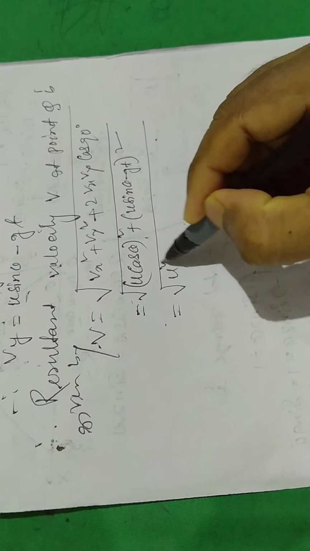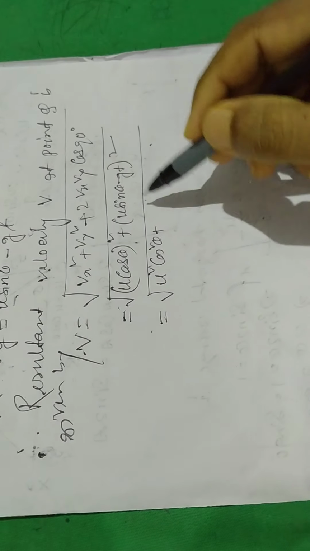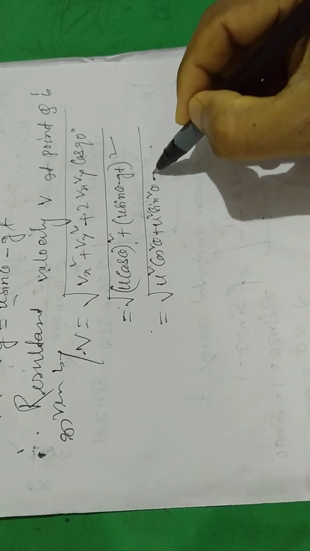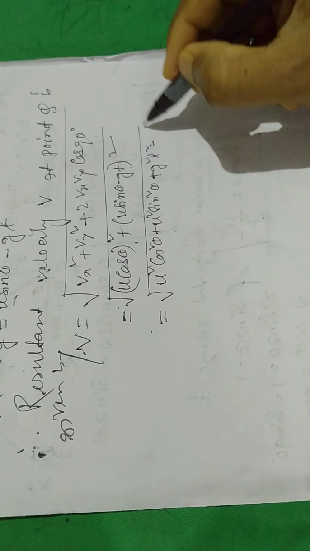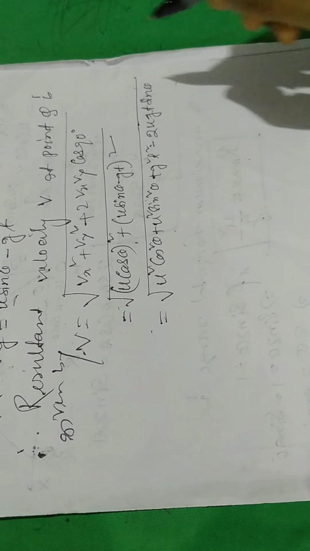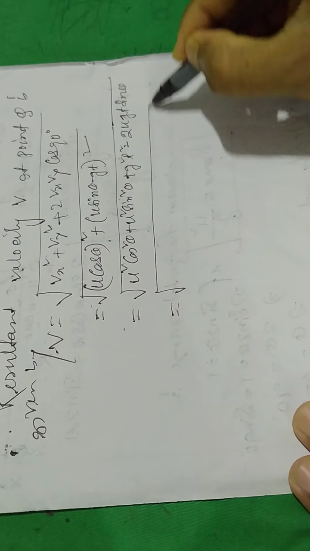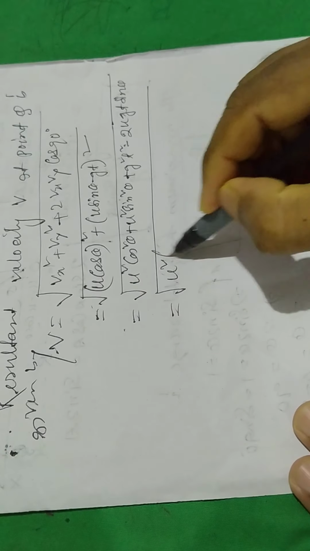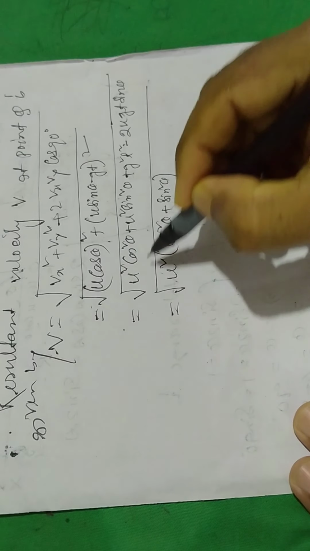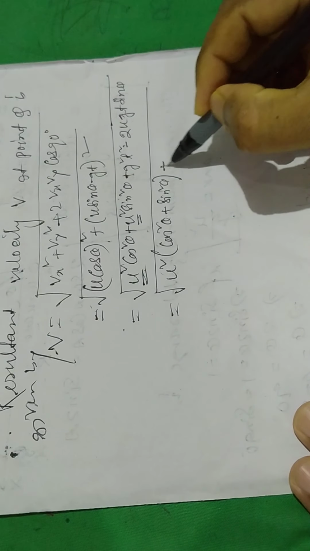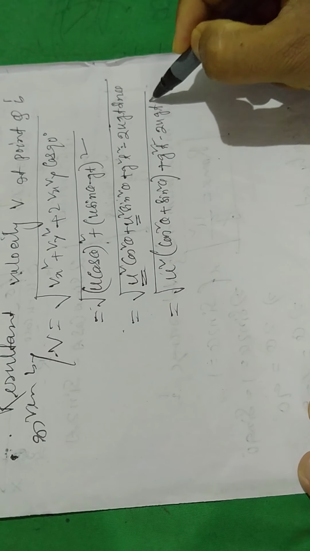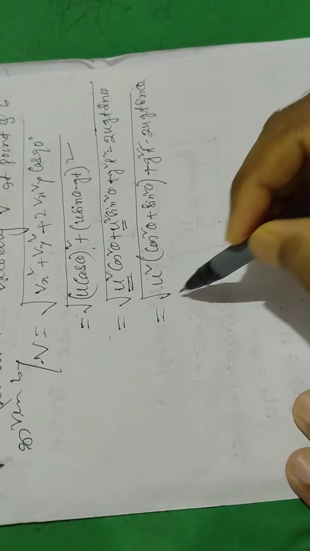Now expand it: u square cos square theta, plus u square sin square theta plus g square t square minus 2u gt sin theta. u square is common: cos square theta plus sin square theta, and then g square t square minus 2u gt sin theta.